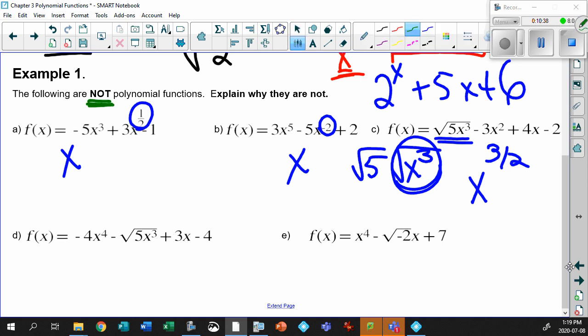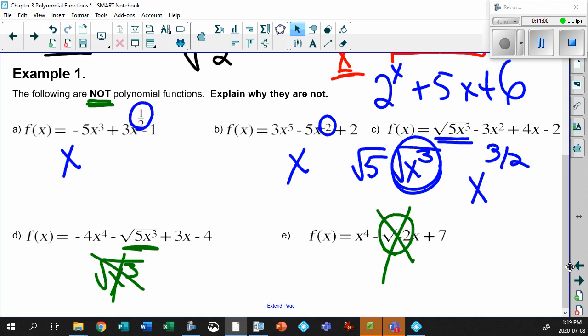You can't have a root of an x cubed. That's not allowed either. And finally, I have a square root of a negative number. That's not allowed either. So all of these are great examples of things that are not polynomials.